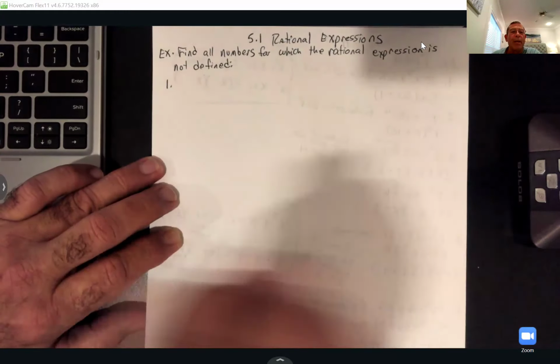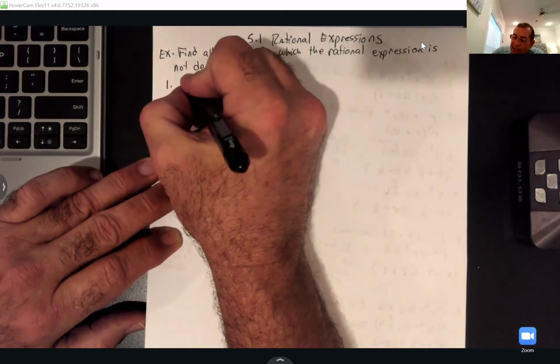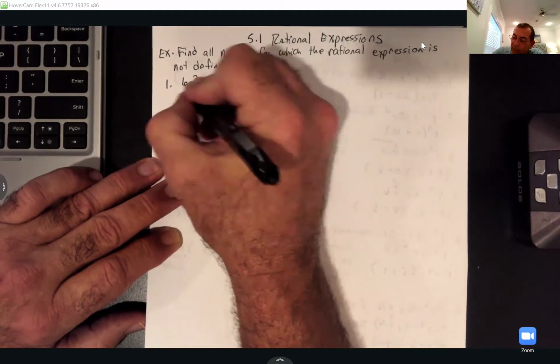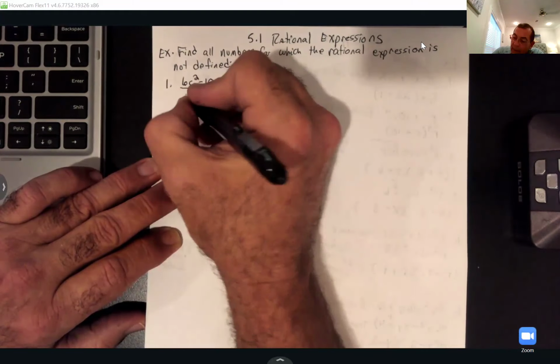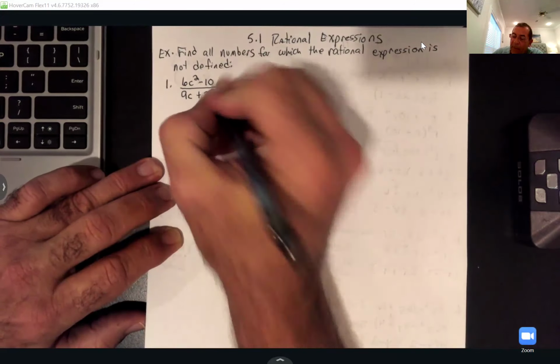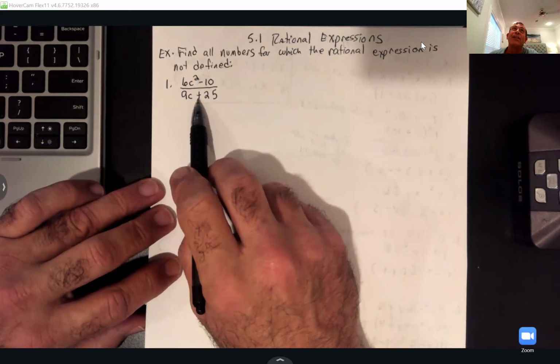So 1 and 2 will be the same type problems. So y'all, number 1, they're giving me 6c squared minus 10 over 9c plus 25. Now, y'all, we did this kind of problem on test 2.